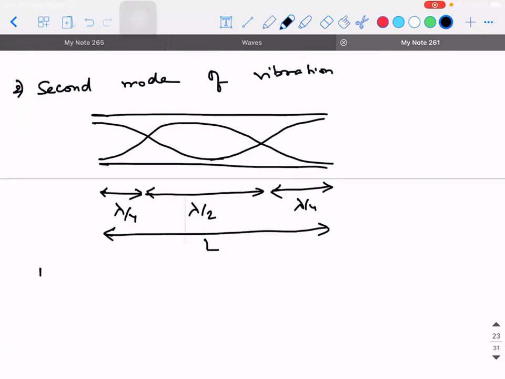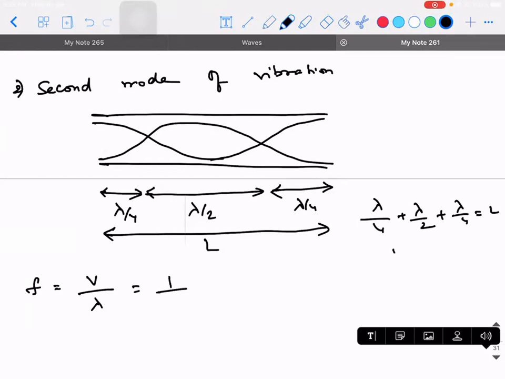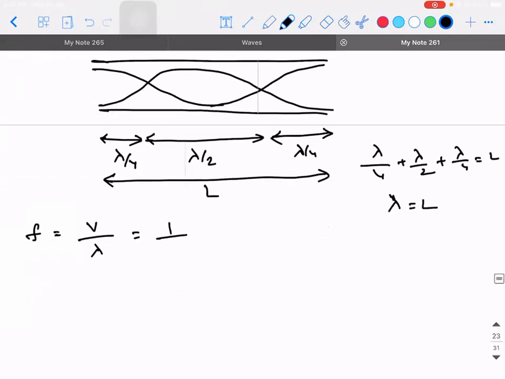Then what will be the frequency? Frequency is nothing but speed divided by wavelength. So 1 divided by, what is going to be the wavelength here? Lambda by 4 plus lambda by 2 plus lambda by 4 is equal to L. So how much is the value, guys? Lambda by 2 plus lambda by 2, that is lambda is equal to L. So here F2 is 1 by L into root of gamma P divided by rho.